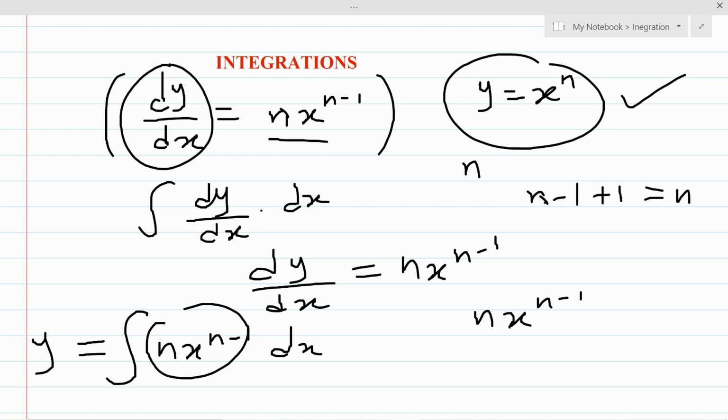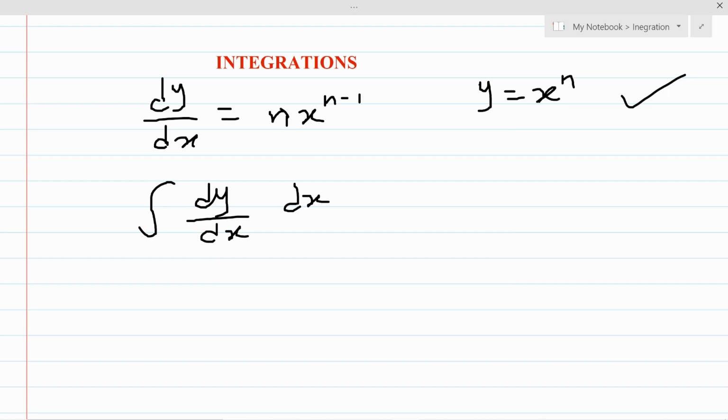So adding 1 to the power will give us n x to the power n. But there wasn't any n in front of the x for the parent function. So let's try to divide, let's be fair here.